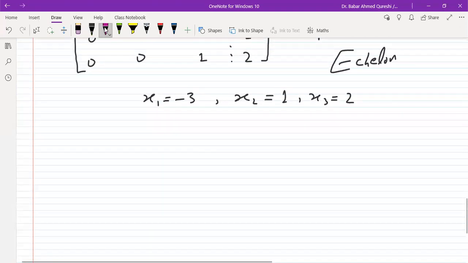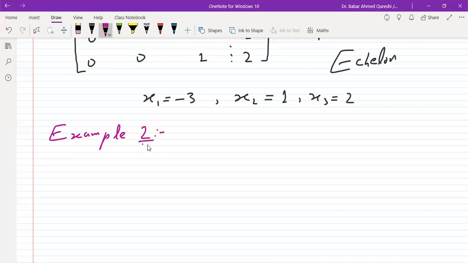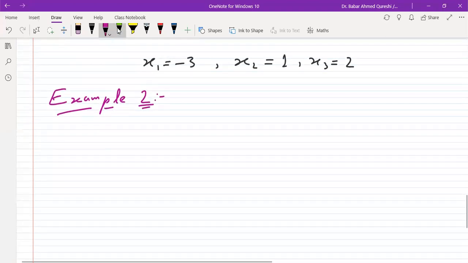अब let me do a little bit slightly more complicated example. So this time I'm not writing the equation, but giving you a matrix directly.